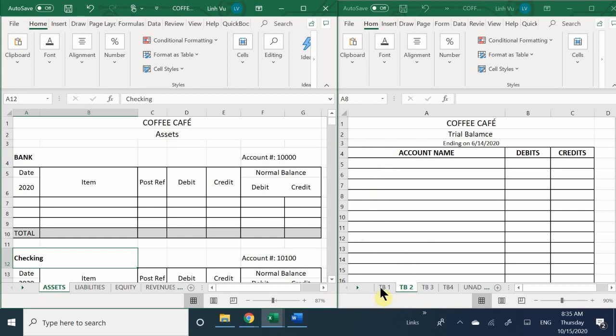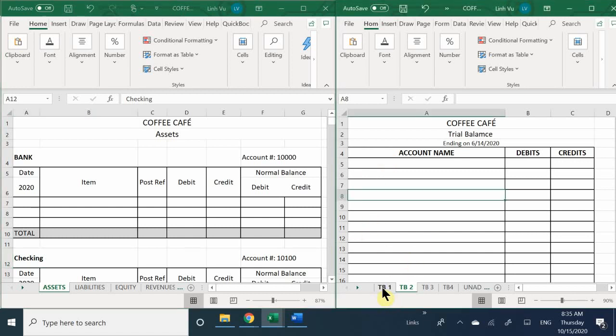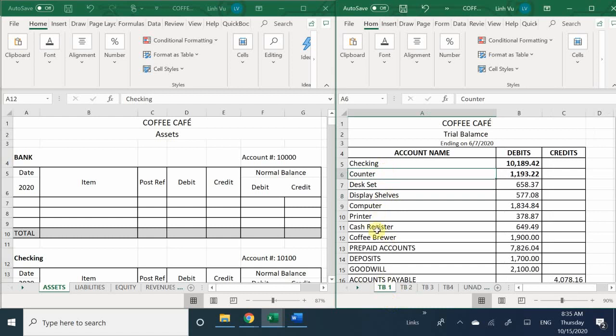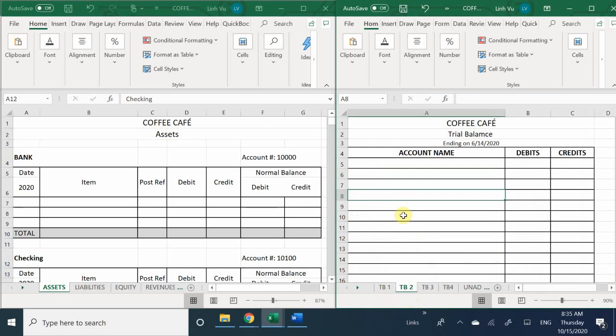The first one we did, we only looked at all the accounts that exist in the general itself. That is one way of doing it: just list every single account that has a balance and paste it on here. But for trial balance number 2, I'm going to have you have the main accounts and then the sub accounts with their balances underneath.